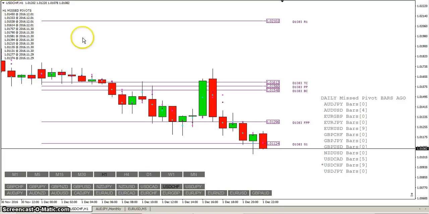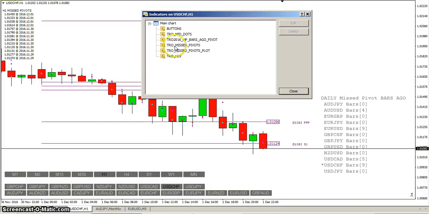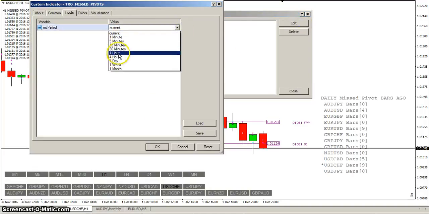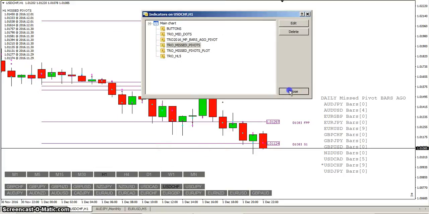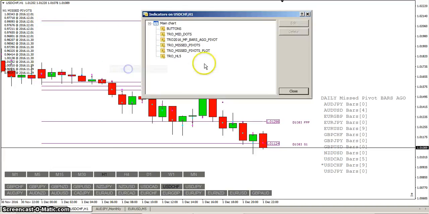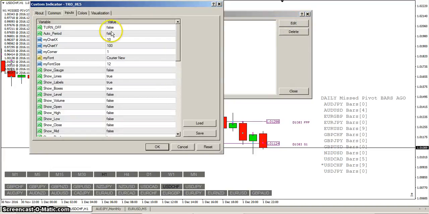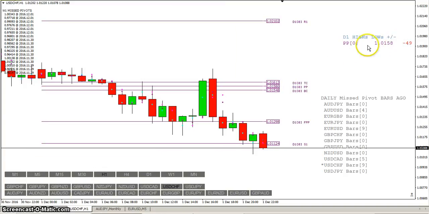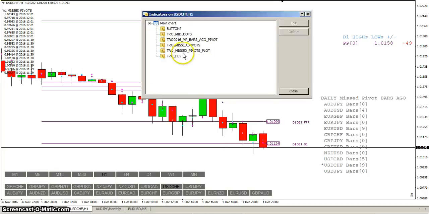And once again, this particular indicator, that just the missed pivots, just shows you can switch this over today, or if you want, you can even also look at the weekly pivots. Okay, and the HL5 indicator, if we show the gauge, it shows you which pivot was missed. Okay, that's on D1. We can switch this over.